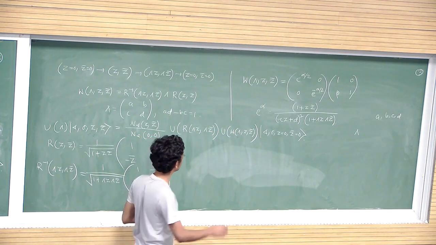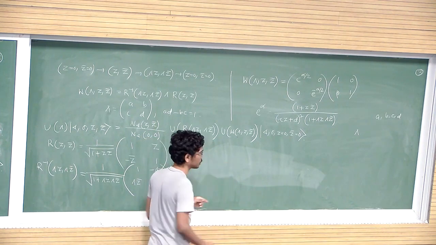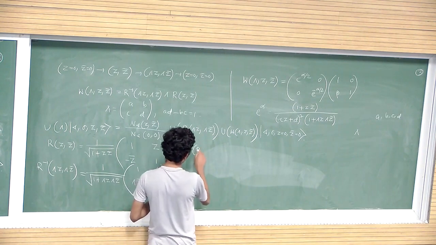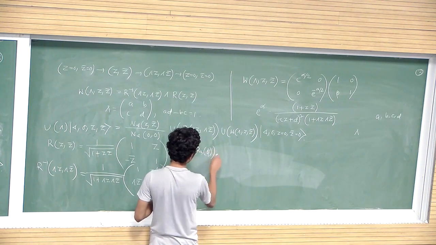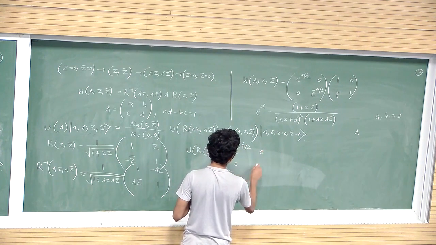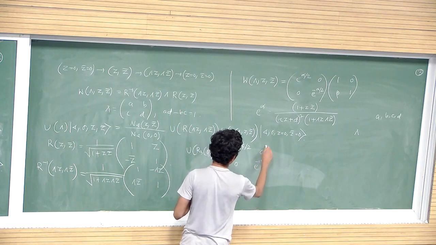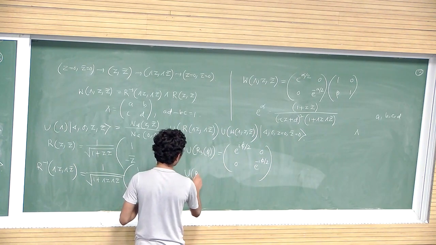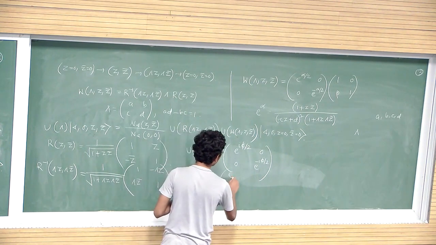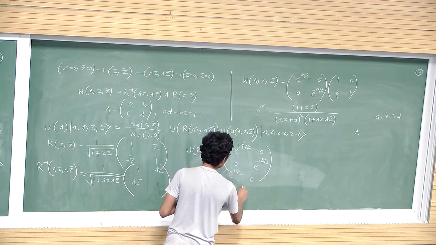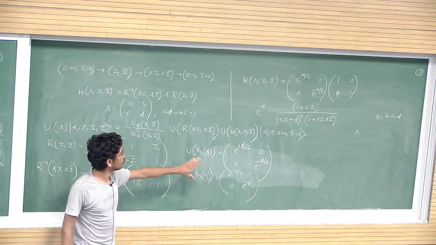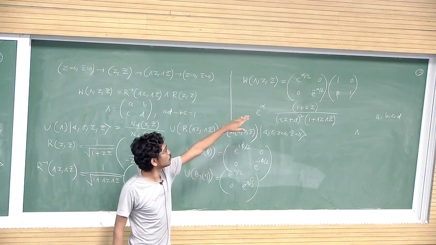For example, rotation around the third axis, U of R3 comma phi, is given by e to the i phi by 2, 0, 0, e to the minus i phi by 2, and the boost along the third direction is given by e to the eta by 2, 0, 0, e to the minus eta by 2. These are the only two transformations for which this W is diagonal.